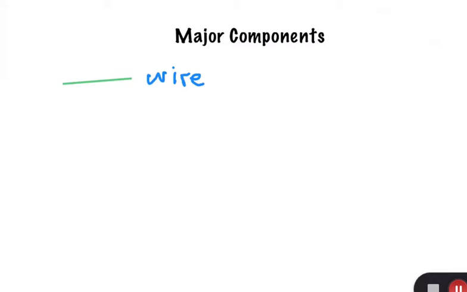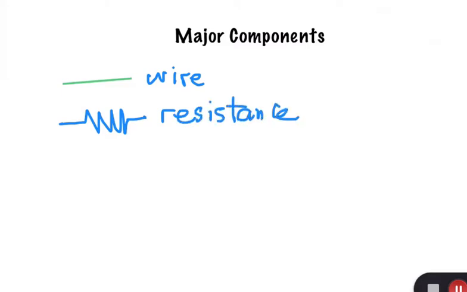This one is for what we call the resistance. So this is for resistance. The next one is a switch. A switch is represented like this. So we can have, for example, a wire.